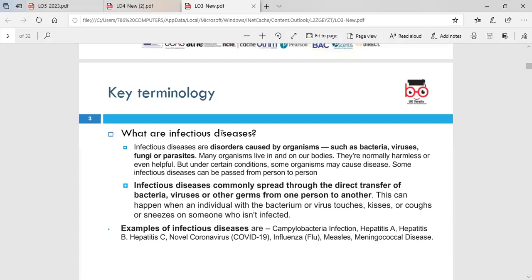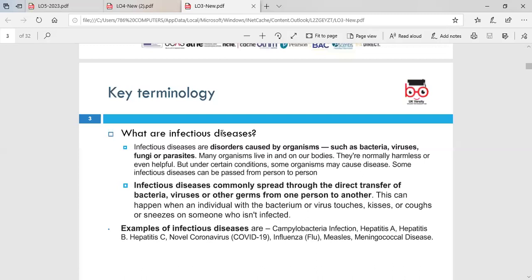Some infectious diseases can be passed from person to person. We'll talk about the different ways in which they are transferred. Infectious diseases mostly spread through direct transfer of bacteria, viruses, or other germs from one person to another. You can get them through touching people.